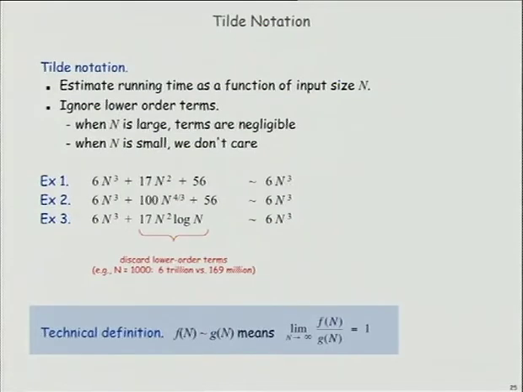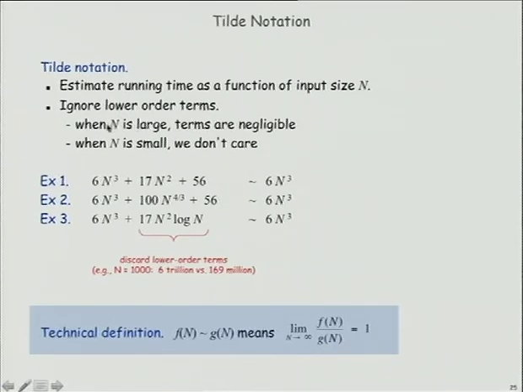But in the same way, we don't want to lose the explanatory power of what we're trying to do. To accomplish this, we will use the so-called tilde notation. The tilde notation forms an estimate for a function of n, of input size, and what we do is ignore the lower order terms.